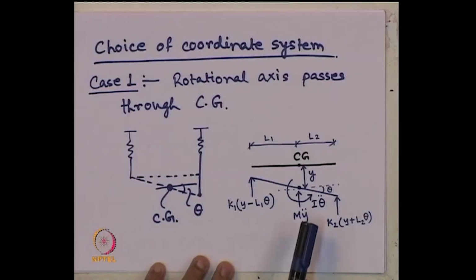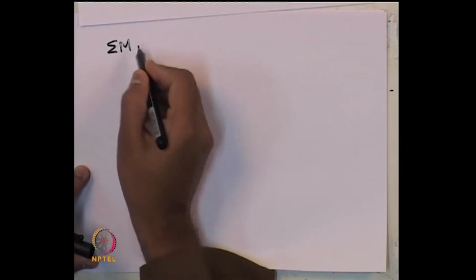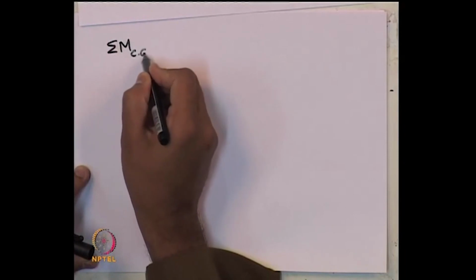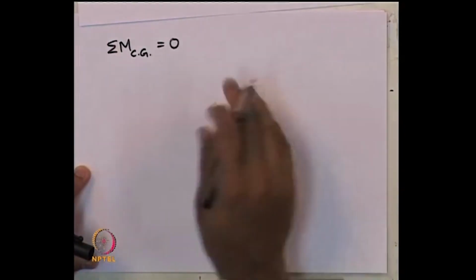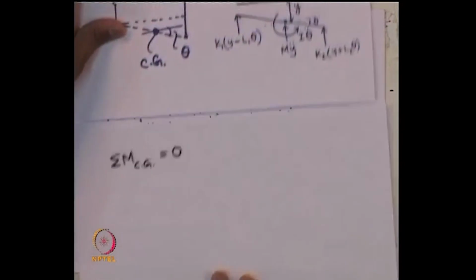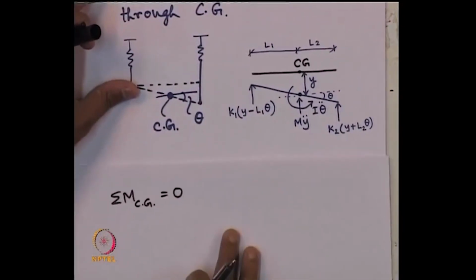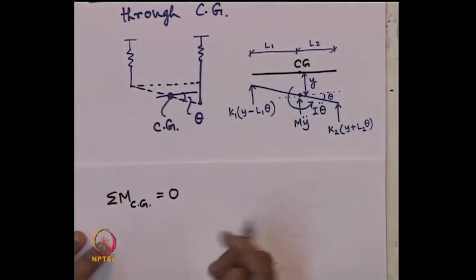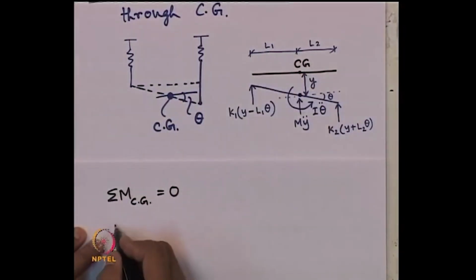We can write down the moment equilibrium about the CG. So, if we write the moment equilibrium about CG, what should we get? Sum of moments about the CG should be equal to 0. So, let us put it here, so that we can see all the forces. Anti-clockwise I theta double dot.